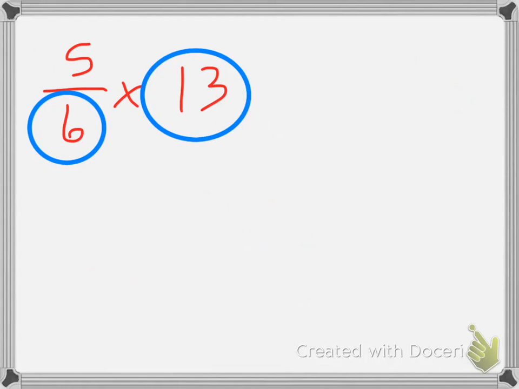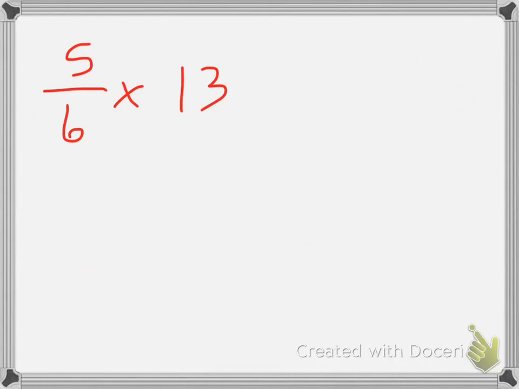I have 5/6 times 13. Now I'm looking at the 6 and the 13. I know 6 cannot go into 13 evenly, but I know that I can change that to 12, and that would work.